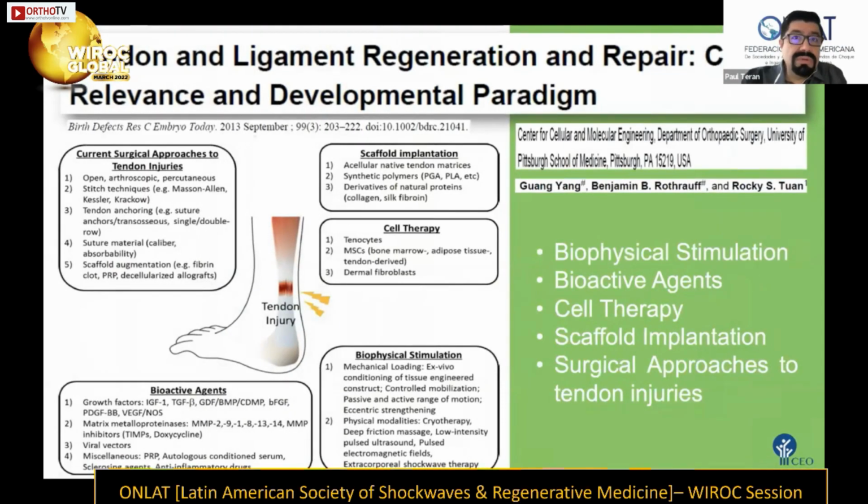There are many reviews on possible treatments in tendinopathy, such as biophysical stimulation, bioactive agents, cell therapy, scaffold implantations, or surgical approaches to tendon injuries.